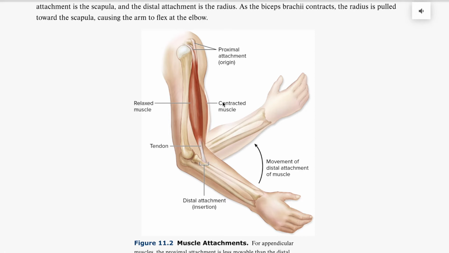The opposite of flexion is extension. So if we were to extend, what do you think the agonist of extension at the elbow joint is? That would be the triceps brachii. Then think to yourself, what is the antagonist of extension at the elbow joint?